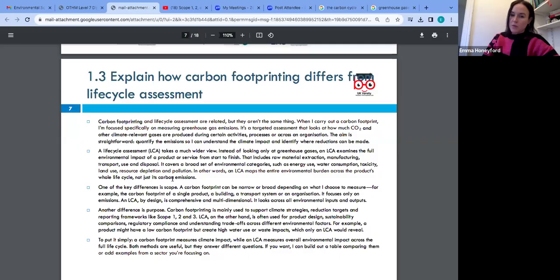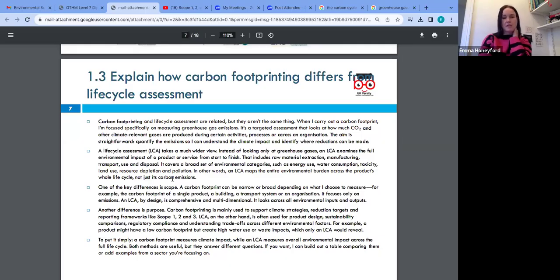It can look at a broad set of different environmental categories such as energy use, water consumption, toxicity, land use, resource depletion and pollution. So an LCA will map out the entire potential environmental burden across the whole product's life cycle, so not just the carbon emissions, not just the greenhouse gases.